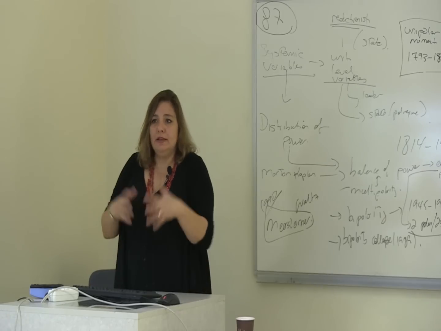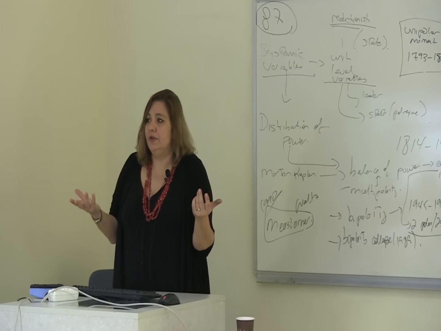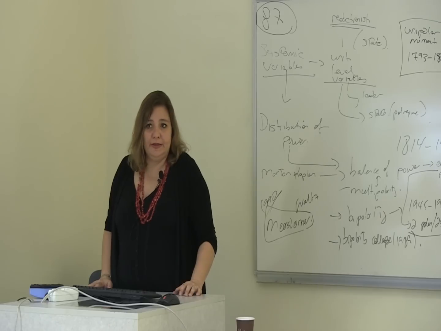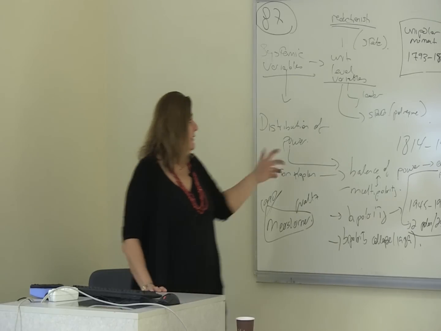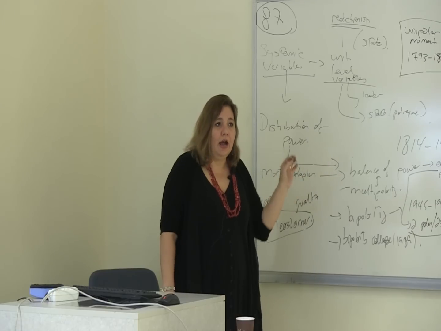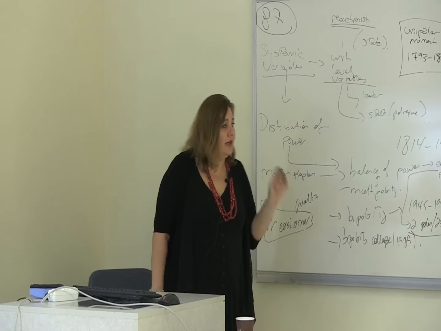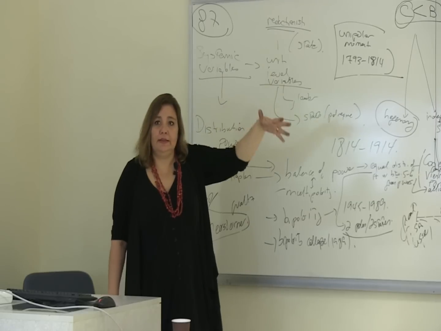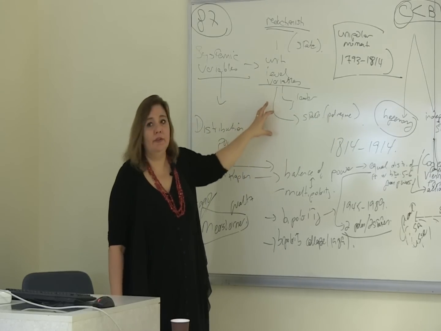Okay? So multiple scenarios for future transformations. What matters for us from an IR theory perspective is that this is precisely what neorealists look at: how distribution of power shapes unit behavior beyond and above the unit level factors.